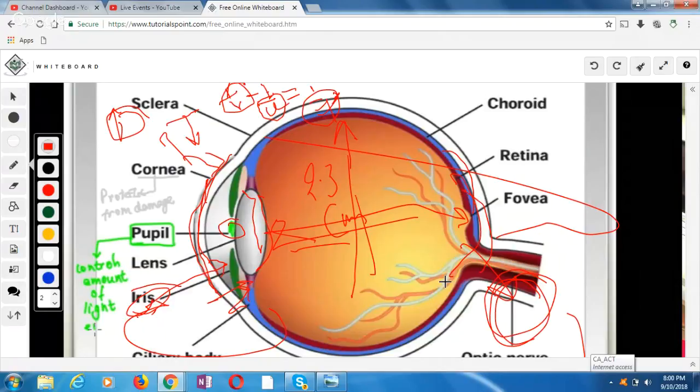Inside the human brain there is something called the corpus callosum. What is this corpus callosum?